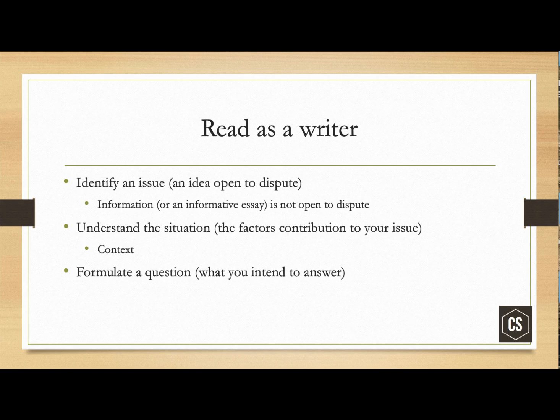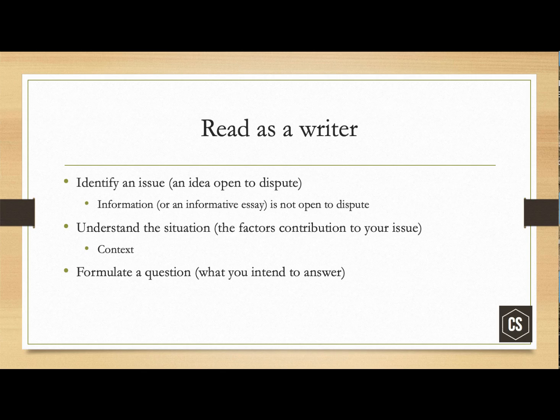So when you read another article, the idea we tell you in Comp 1 is to read like a writer. And how you do that is you ask questions of the things that you read. And so one of the things is to figure out what is the issue at hand. So it should be an idea open to dispute. An informative essay is not open to a dispute, right? It just is.